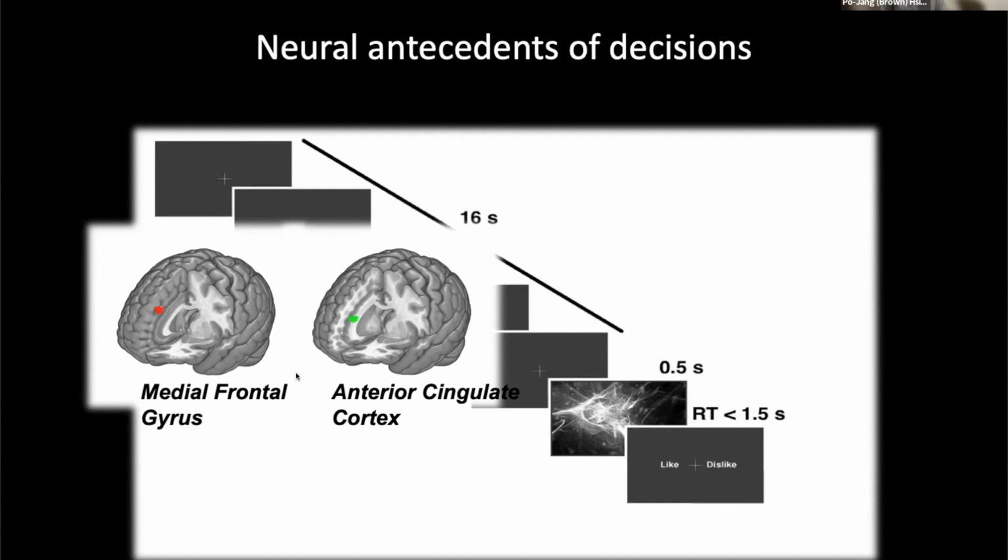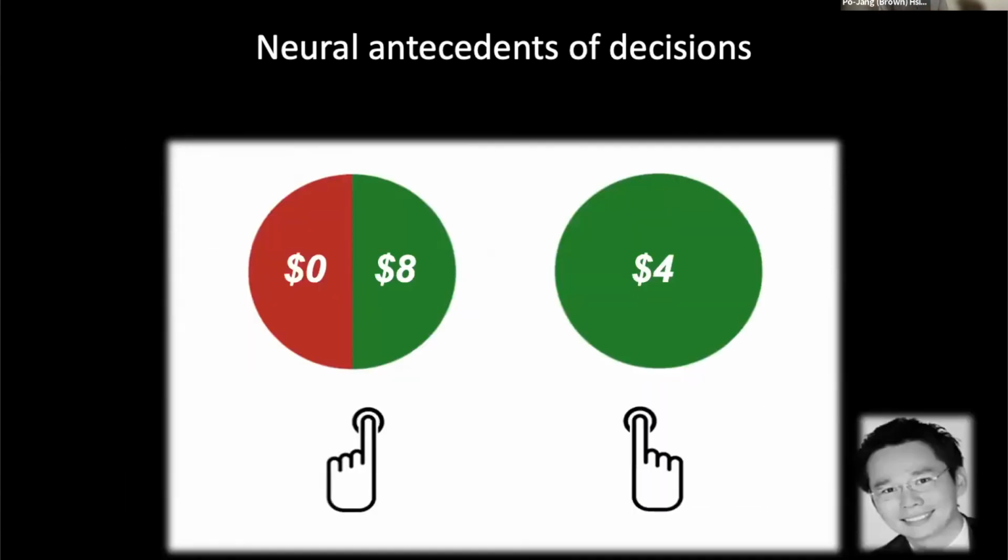When you observe one pattern, then later people are more likely to say they like the picture. But if another pattern shows up, then people are more likely to say that they dislike it. So it seems that we can use this signal to predict whether people are going to like or dislike subsequent pictures or not.